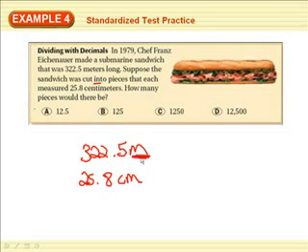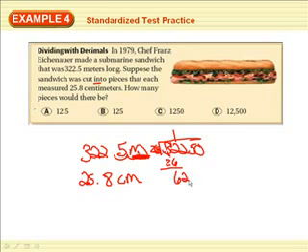So I'm going to change meters to centimeters. Every meter has 100 centimeters in it, so I would take that times 100. So I move it over 2 places, 32,250, and about 25, we'll say 25, 26. 26 goes in there once, which is 26.